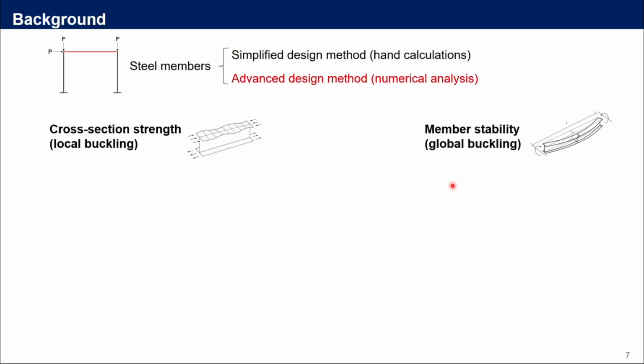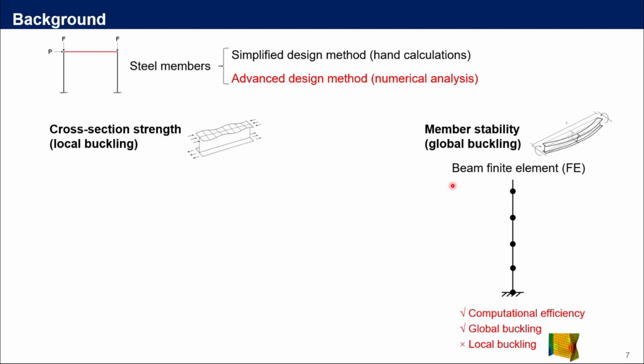And another option is the advanced design method based on numerical analysis. In recent years, numerical methods are becoming more and more popular in practical structural design. And owing to the high computational efficiency, beam finite element models are very popular among designers. In beam finite element models, the global buckling behavior can be directly captured in the analysis.